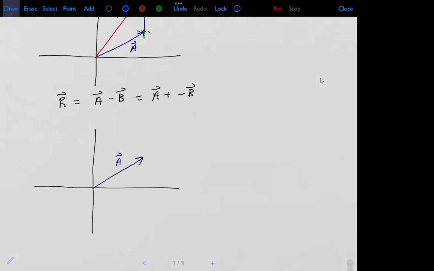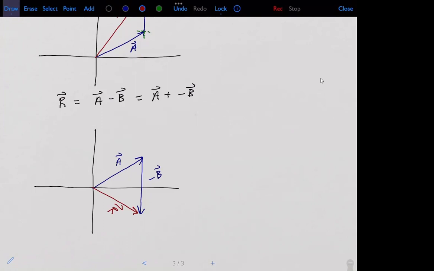And then if I add negative B, remember if B is pointing straight up, negative B is going to be pointing in the opposite direction. It'll be straight down, like this. And then my resultant will be in this fourth quadrant now. So it'll look something like this. So that'll be R. And again, I can measure the length and I can measure the angle.